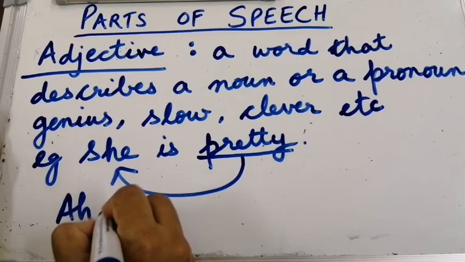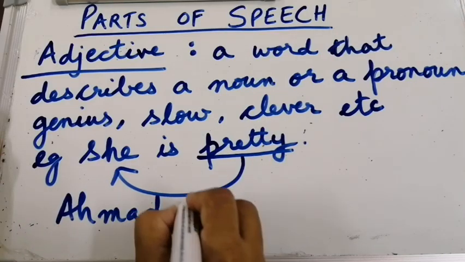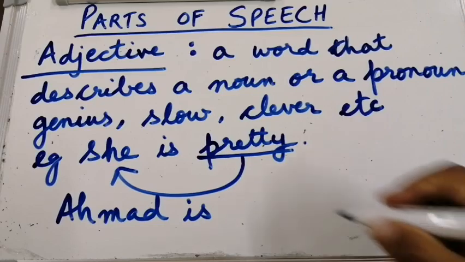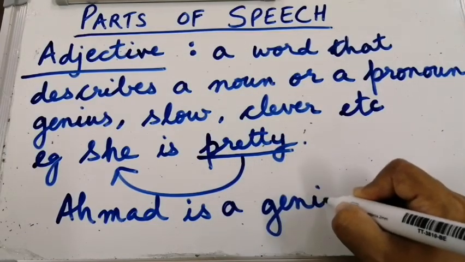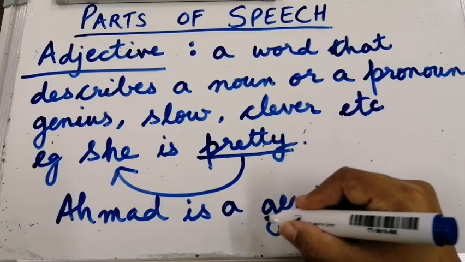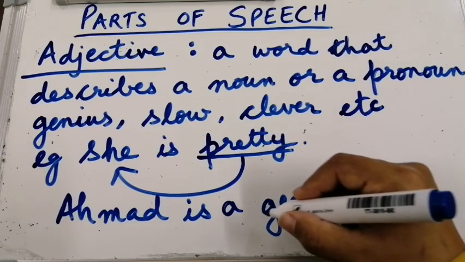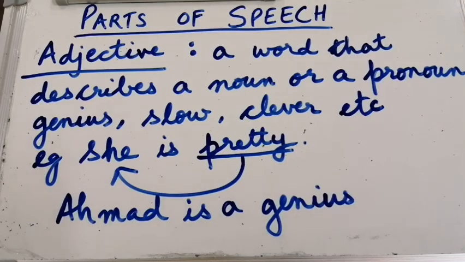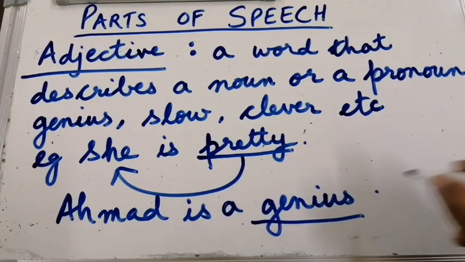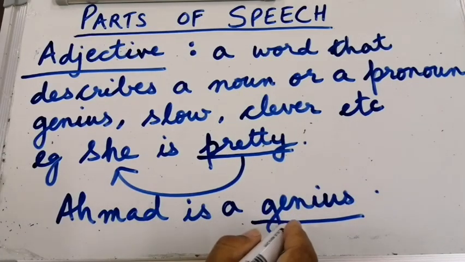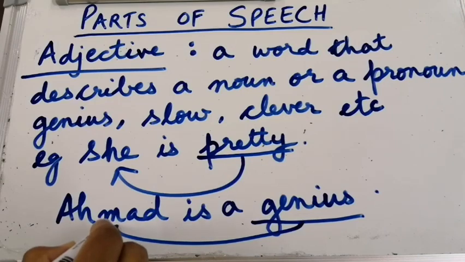Ahmad is a genius. So the word genius is describing Ahmad. Ahmad is a noun. So that is why pretty and genius are adjectives.